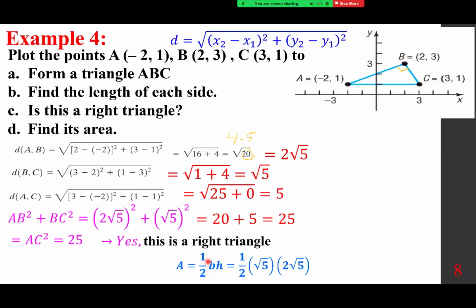I hope you recognize that the 2's cancel each other as follows. This one cancels out this one. Square root of 5 times square root of 5 is 5, and you're done.